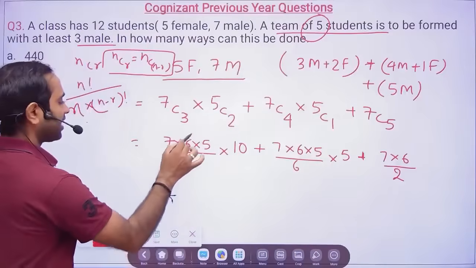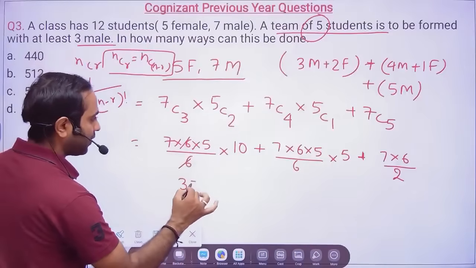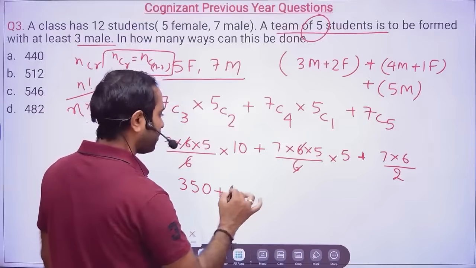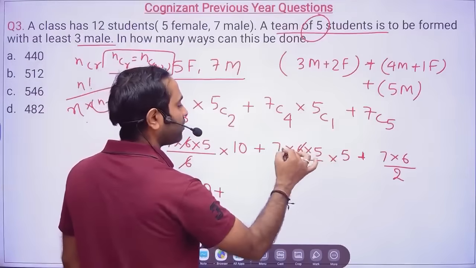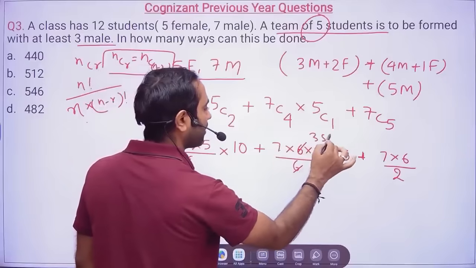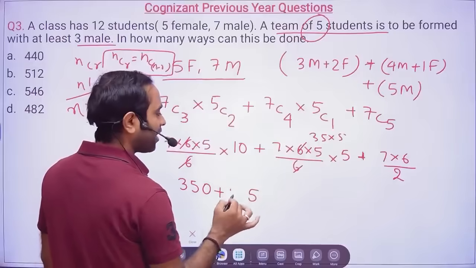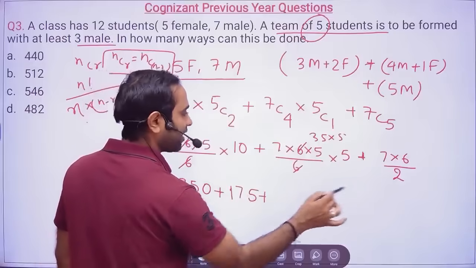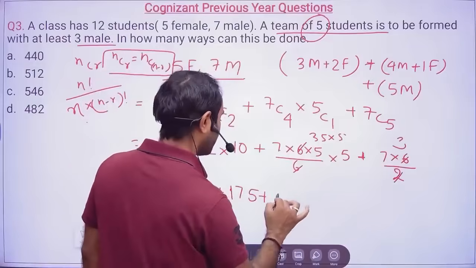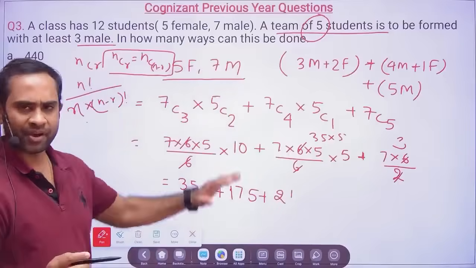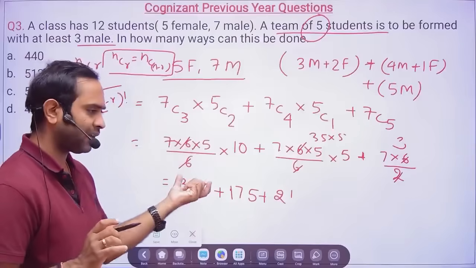Okay, so 35 into 10 is 350 plus 35 into 5, which is 175, plus this is 21. Some calculation I have skipped because this is very easy calculation.